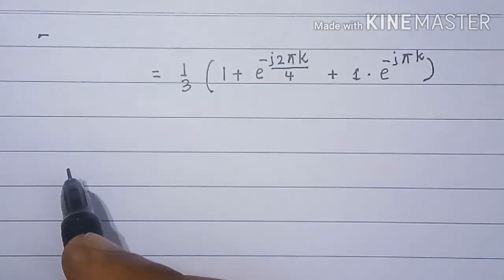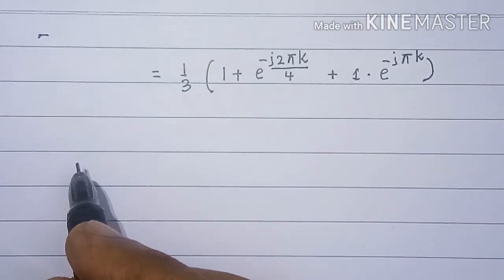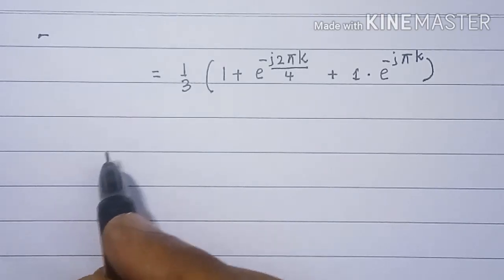Now we will calculate X of 0, X of 1, X of 2 and X of 3 by putting k equal to 0, 1, 2 and 3 in the X of k expression.